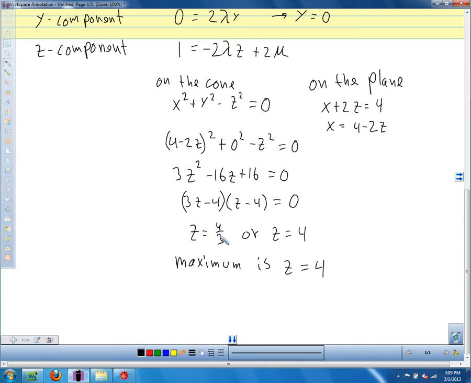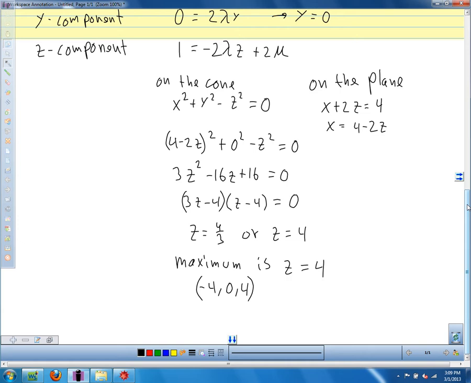And our minimum height, the smallest on the constraint, would be 4/3. So the minimum height on the intersection of the cone and the plane would be z equals 4/3. And our maximum point would be (-4, 0, 4). So we know z equals 4, we know y equals 0, and we can find that x equals -4.